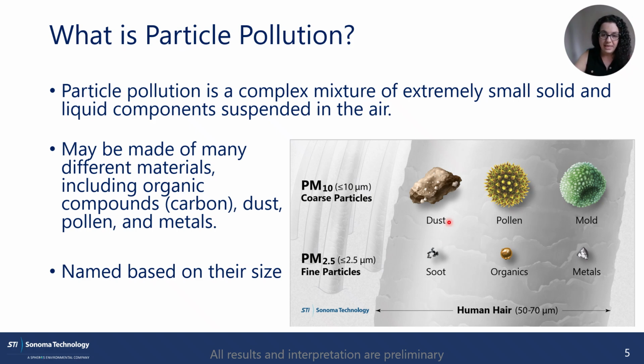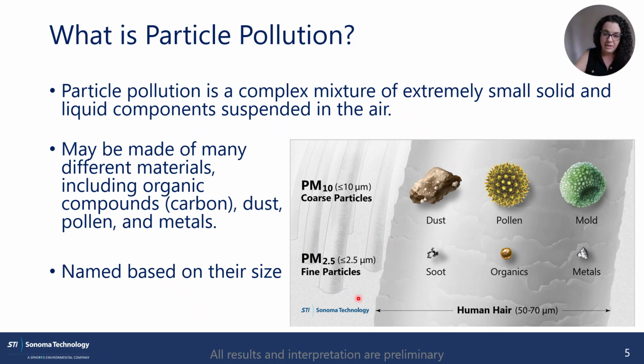That includes things that you may have seen or heard of, like dust. Pollen is another type of particle that we find in the air quite commonly. Mold is another one. Those three fall into a classification called PM10, or coarse particles. These are slightly larger particles in the air. They're still incredibly tiny. Their width is less than 10 micrometers in diameter.